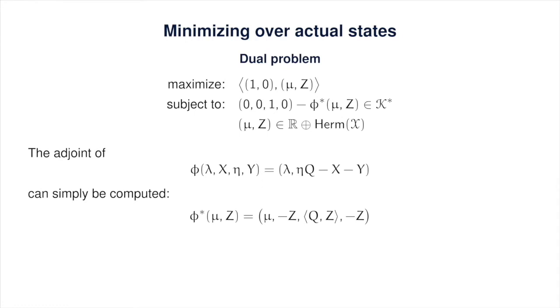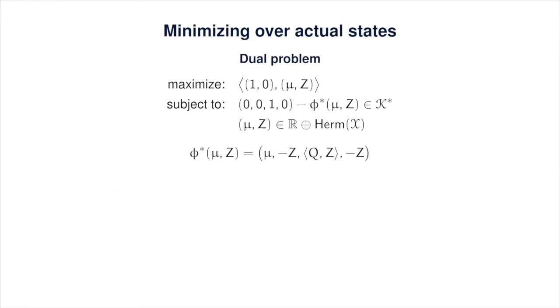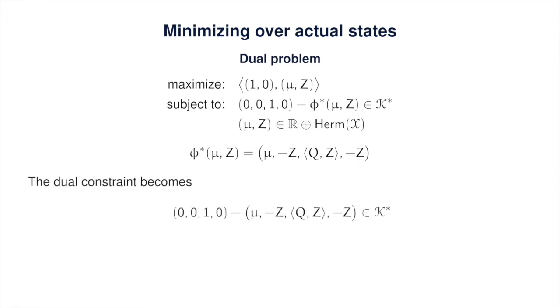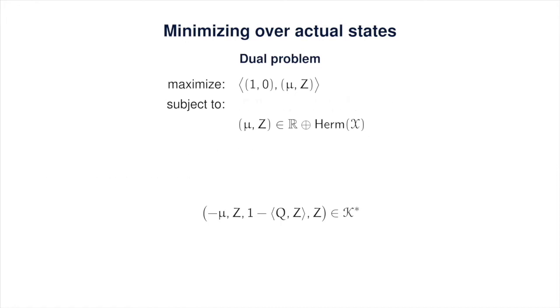Computing adjoints of linear functions like this becomes quite mechanical, but if you haven't practiced doing it a bit, it may not seem so obvious. Anyway, if we plug this expression into the dual constraint and perform the subtraction, we find that the dual constraint is that the tuple (−μ, −z, 1 − the inner product of q with z, z) must be contained in the dual cone to K.